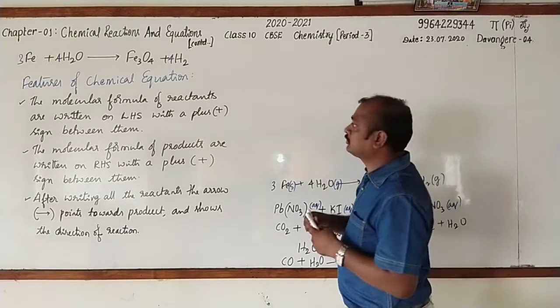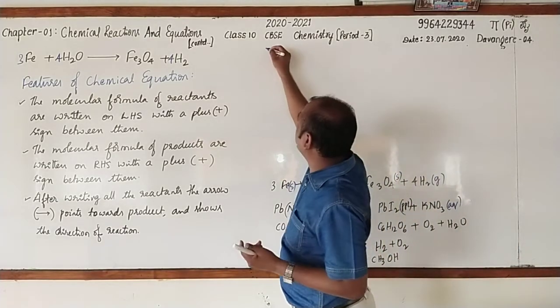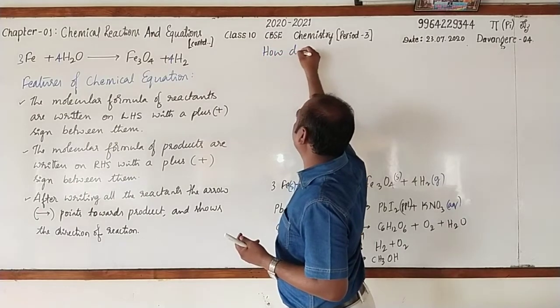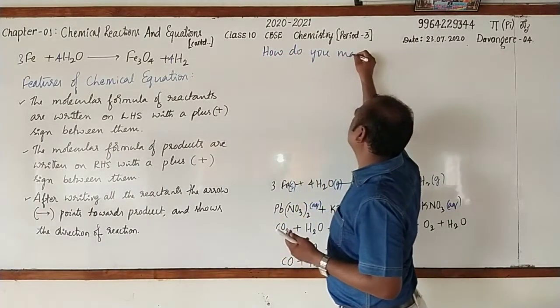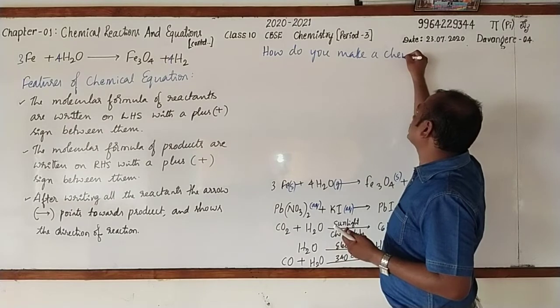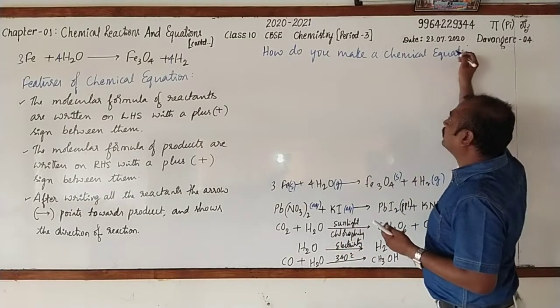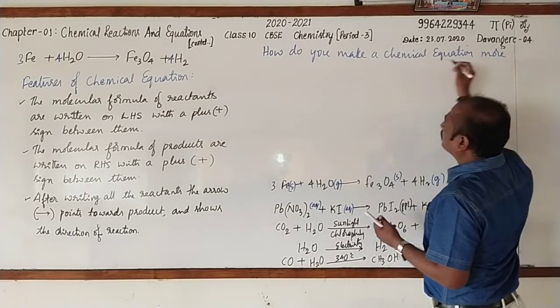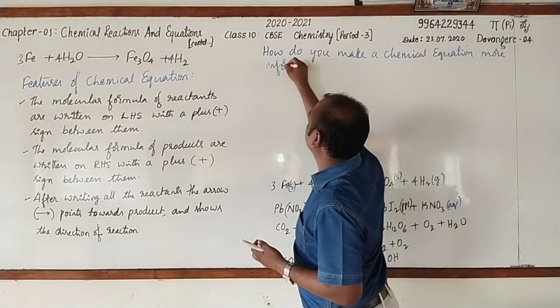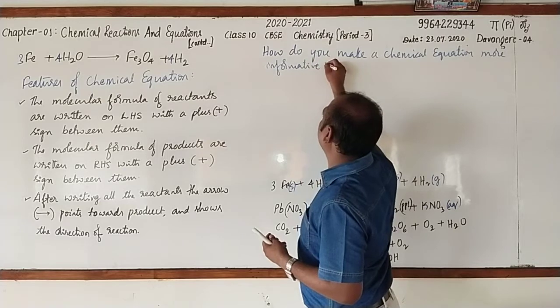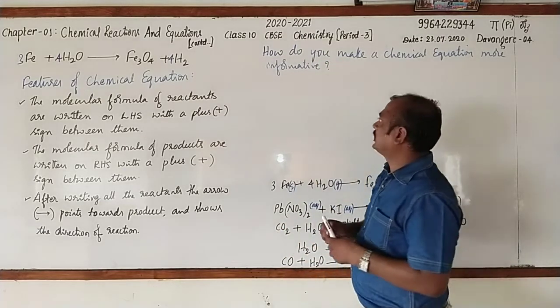Here I am going to write the heading. The question can be given like this: how do you make a chemical equation more informative? Yes, you have to remember three important points. What is the first one?